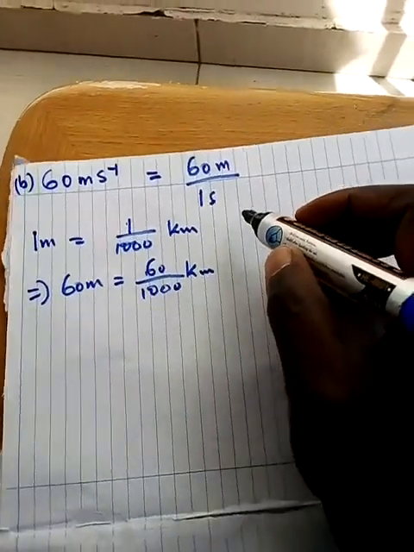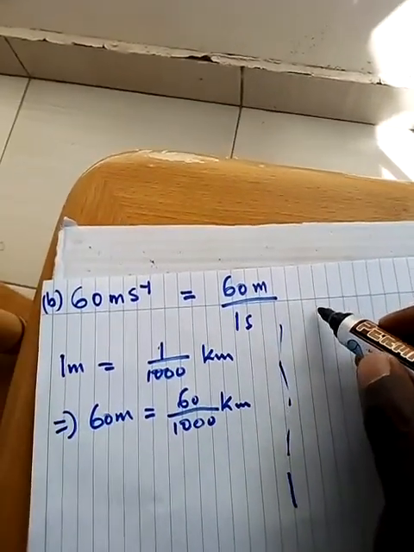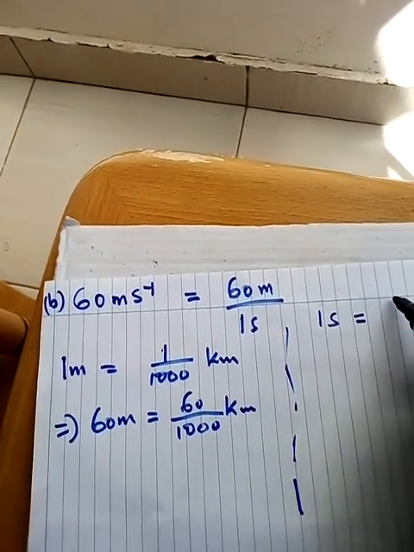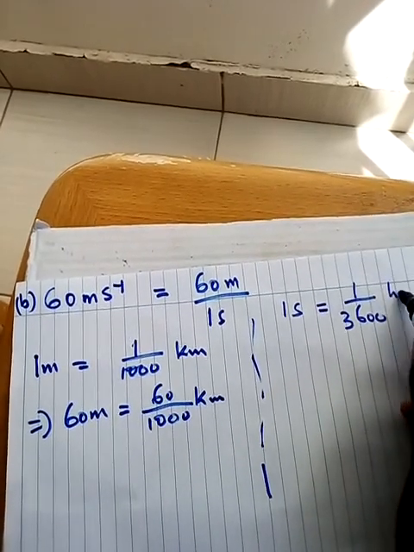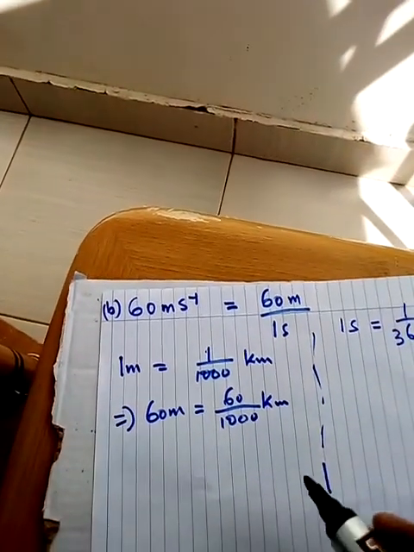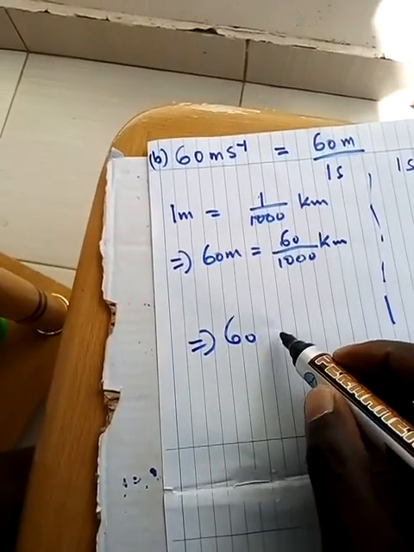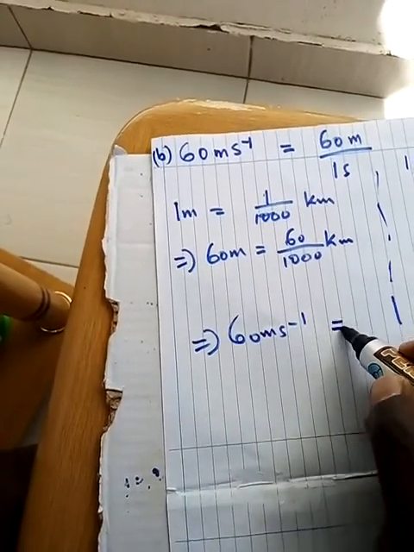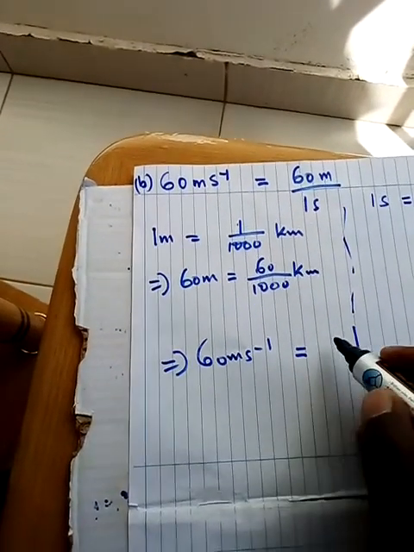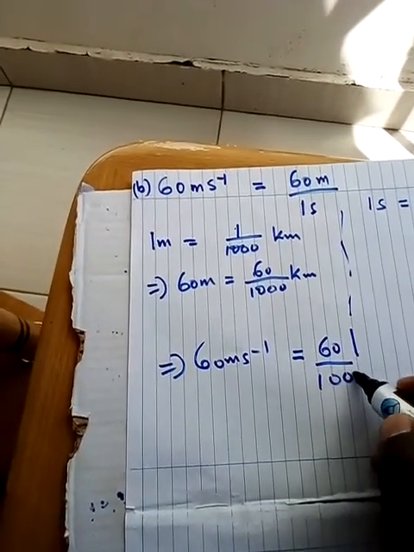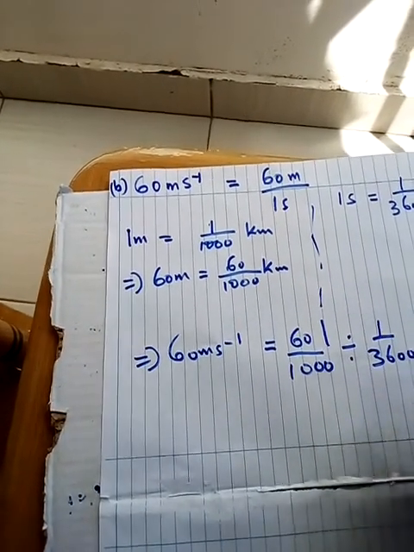Also, we can talk about the time, and we say 1 second is equal to 1 out of 3,600 hours. Now, this would mean that 60 meters per second, as we agreed, is equivalent to 60 out of 1,000 divided by 1 out of 3,600.